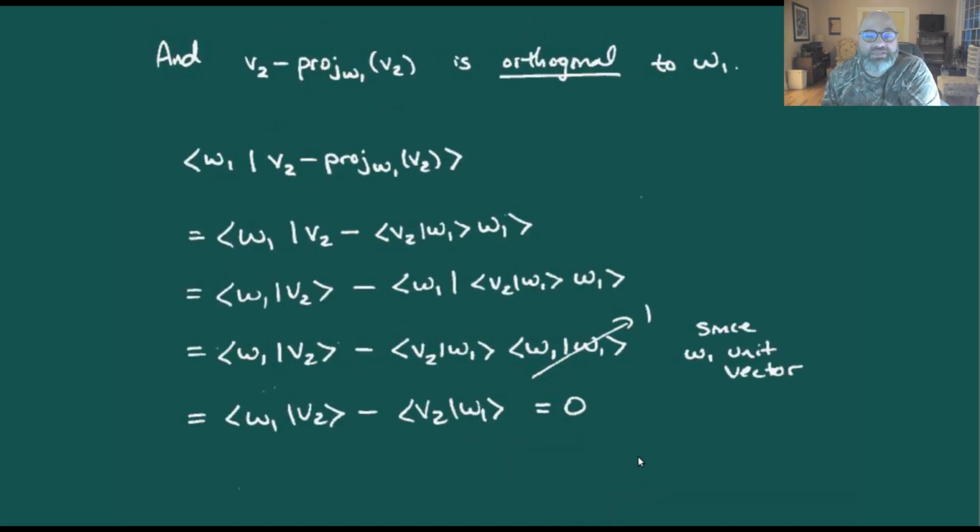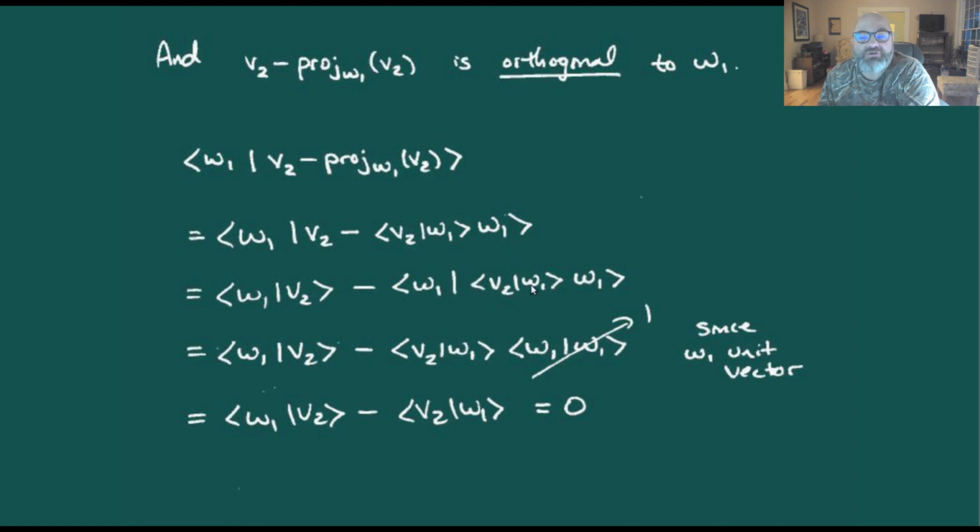Now, if we look at the difference of v2 minus that projection, then we claim that that thing is going to be orthogonal to w1. If we do the dot product of w1 with this, we can distribute across the difference, so we have w1 dotted with v2 minus w1 dotted with v2 dotted with w1 times w1.